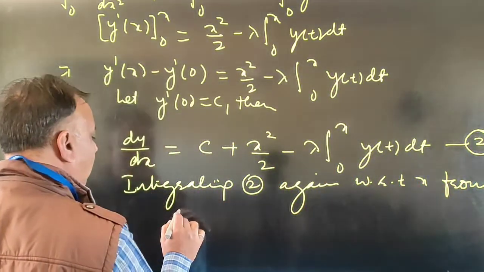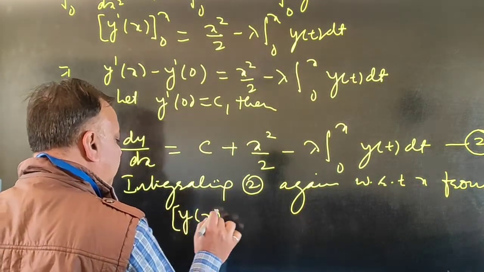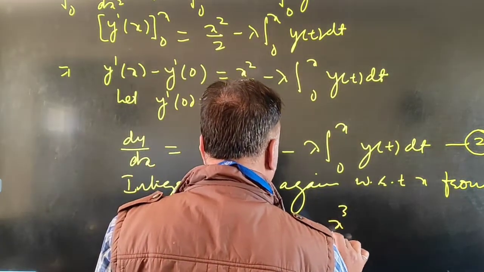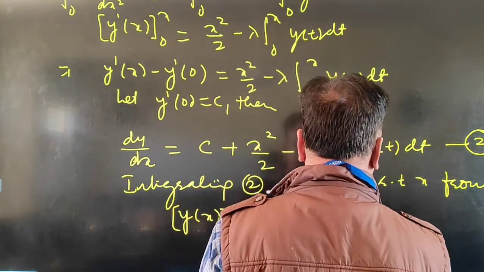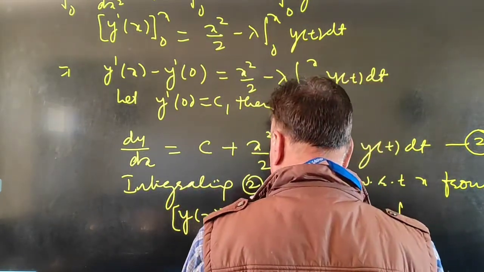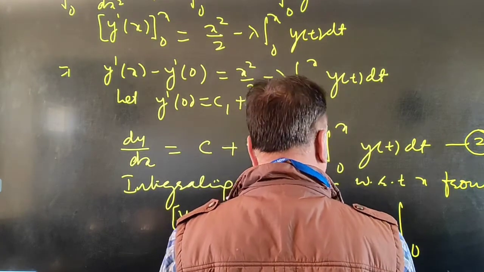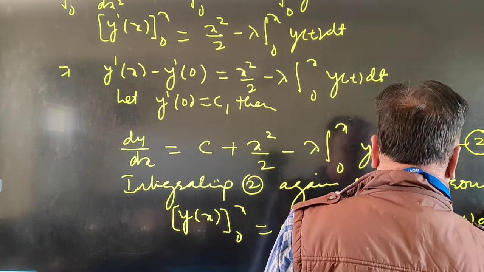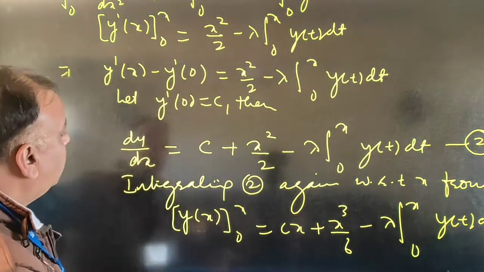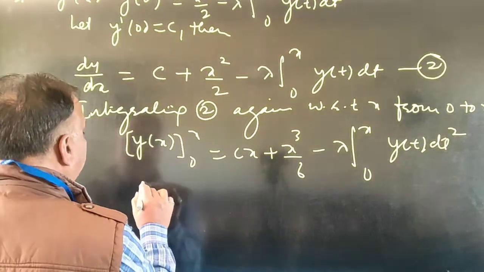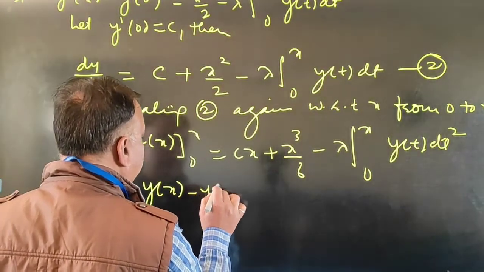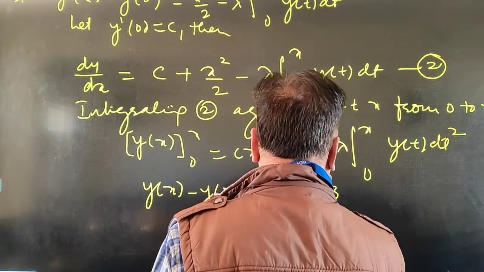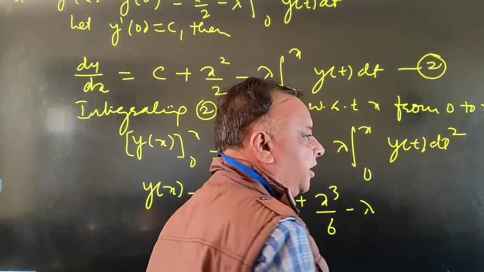We get y(x), with limits from 0 to x, is equal to cx plus x cube by 6 minus lambda integration 0 to x of y(t) dt square. Now putting the limits, we get y(x) minus y(0) is equal to cx plus x cube by 6 minus lambda, the integration of this one.